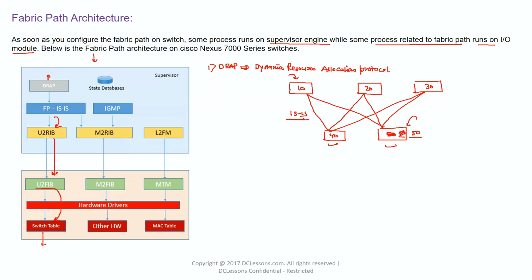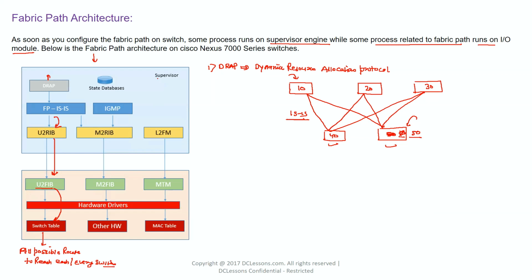So the switch table contains all possible routes to reach each and every switch, right?